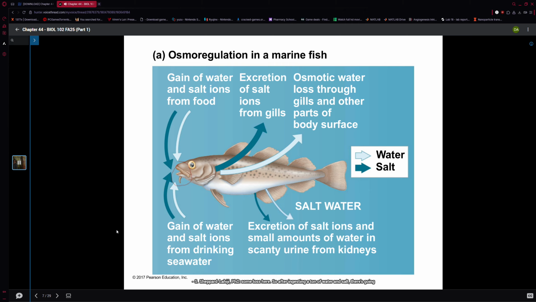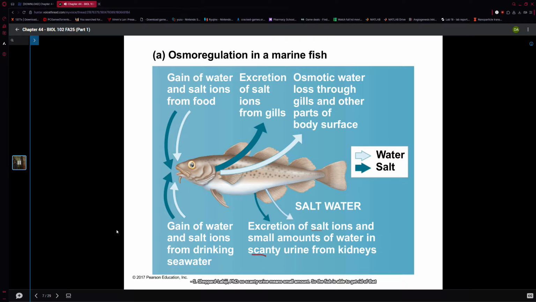After ingesting a ton of water and salt, there's going to be excretion of salt ions through the gills and osmotic water loss through the gills and other parts of the body surface. And when it comes to excretion, the elimination of waste, that's another opportunity for salt ions to leave the body. But there will only be small amounts of water that leave. So scanty urine means small amount.